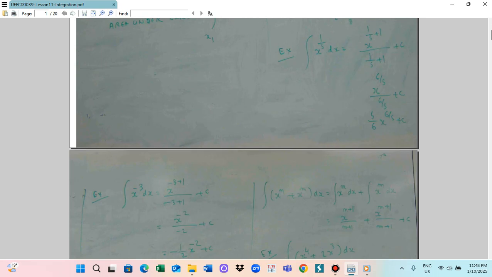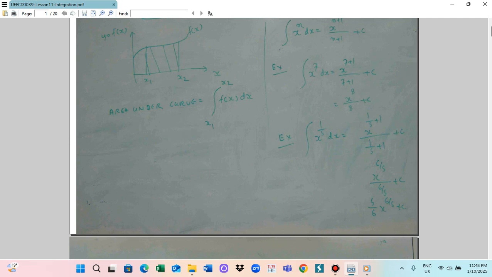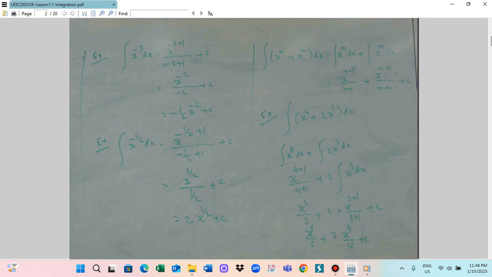So this we calculate as h power 6 by 5 divided by 6 by 5, plus c. So this becomes 5 by 6 h power 6 by 5 plus c. So this is the answer. We can integrate h power 1 by 5 dx this way.